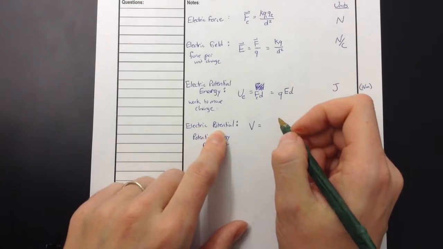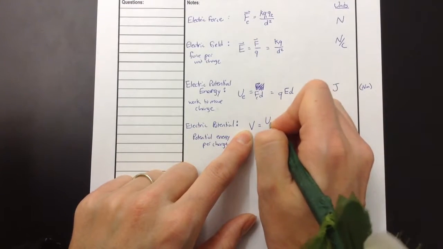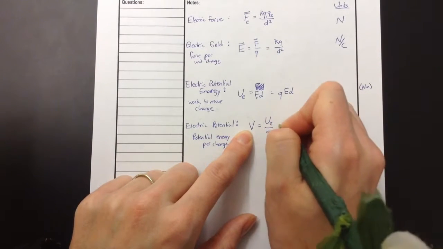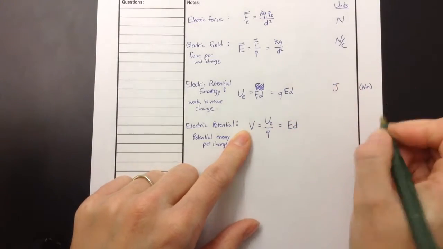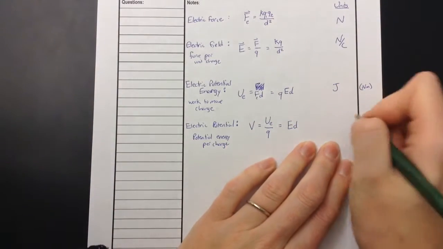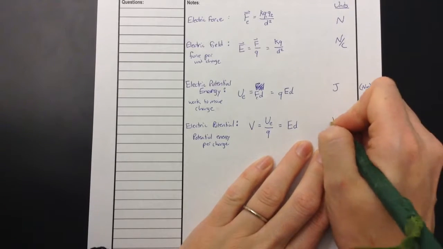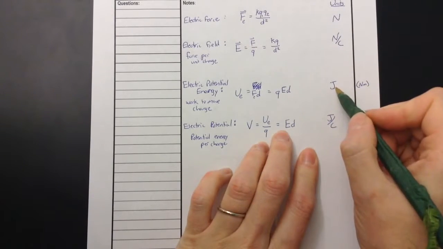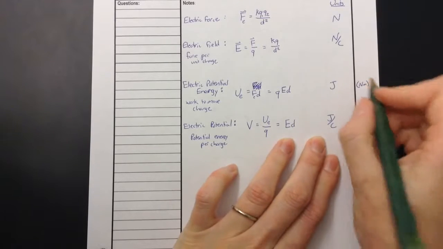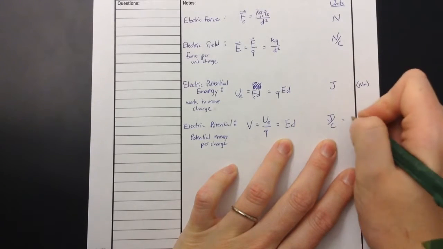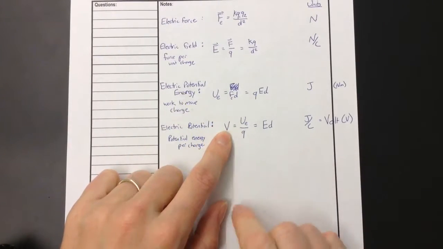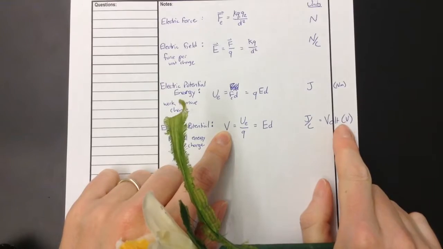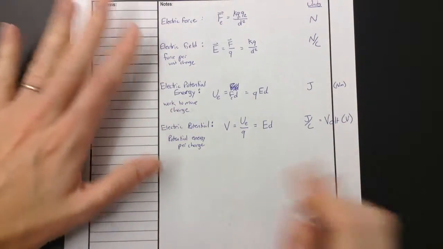So electric potential V is the electric potential energy per charge, which is the same as taking the electric field times the distance. This one has a fun unit. It's a joule per coulomb. We took the joule and divided by the coulombs. That is also called a volt, which is abbreviated V. That's the annoying part. We use V for electric potential, and we use V to measure it in our unit.